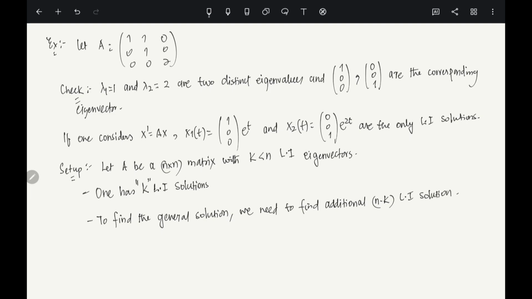So how do we get something like this? Let's just understand this. I hope you remember the matrix exponential, which we did last week. So we are going to use that sort of fact.